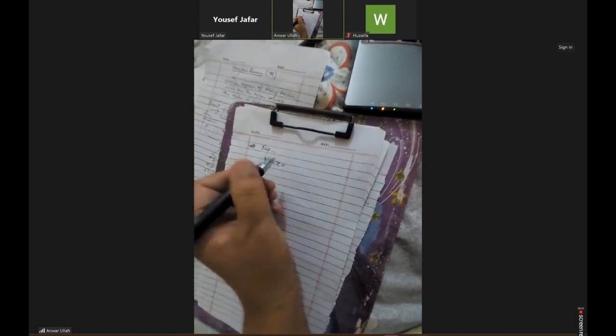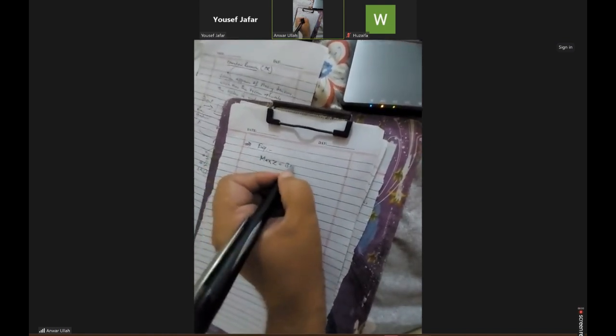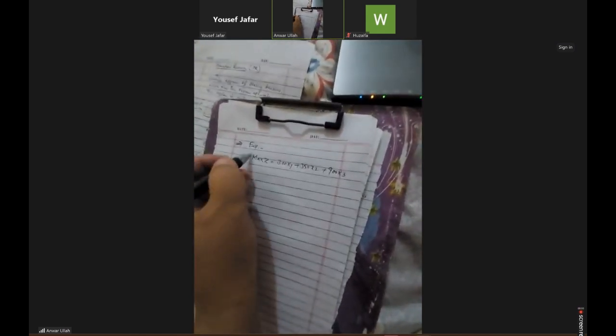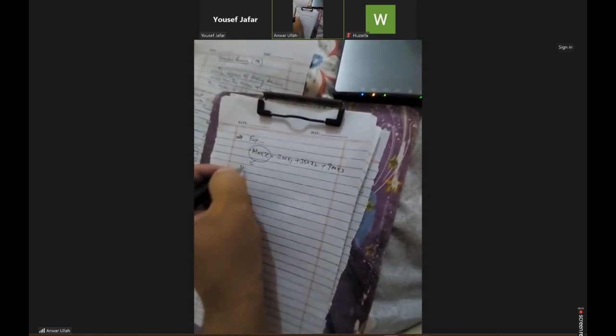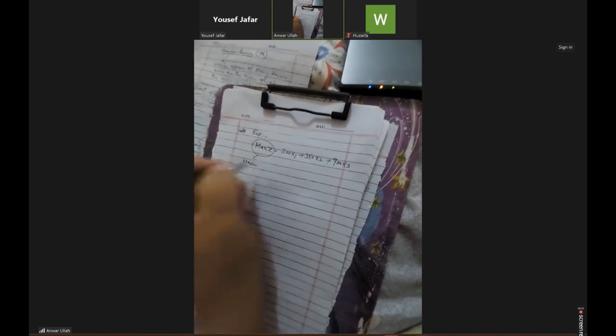For example, I have a maximization function and it says maximize z, and it is equal to 300 into x1 plus 350 into x2 plus 900 into x3. When we say maximize z, it means that it is the maximization problem.